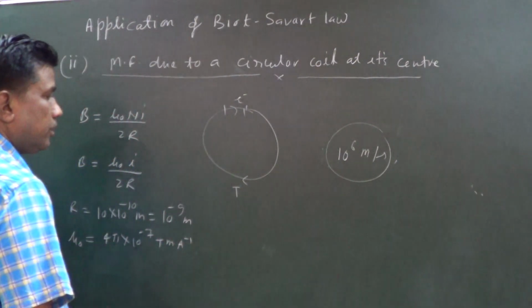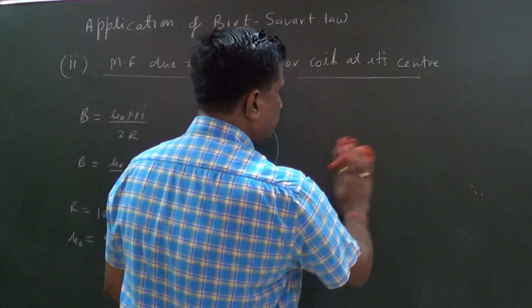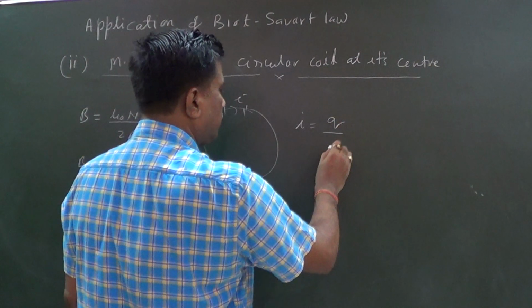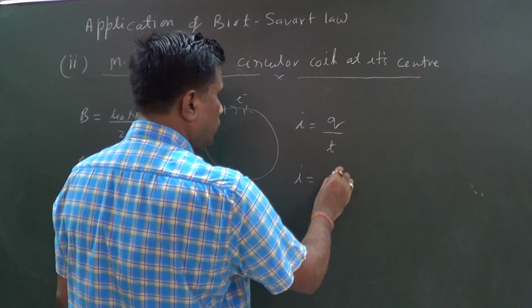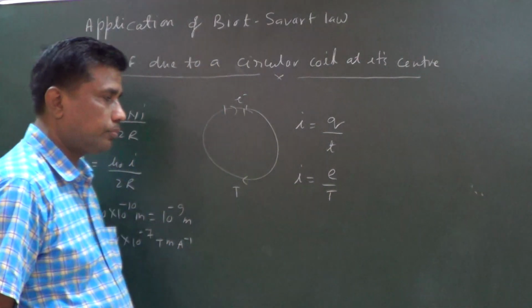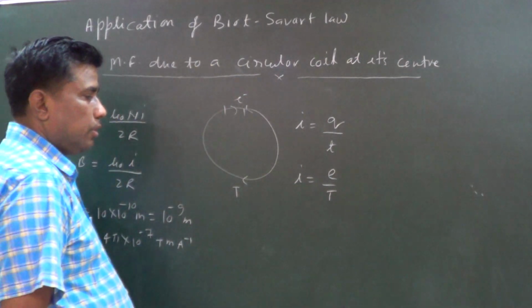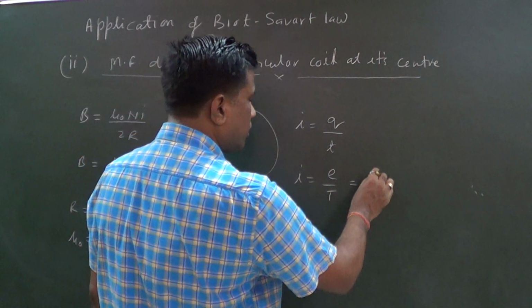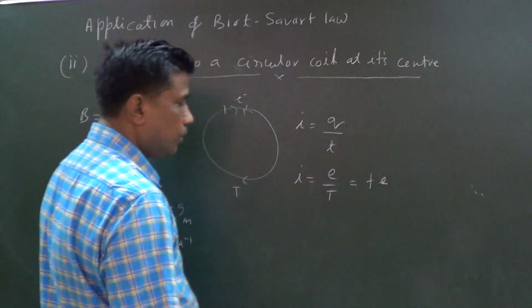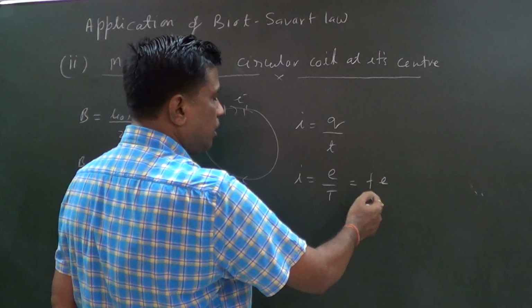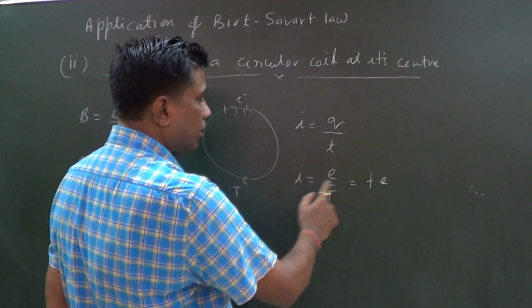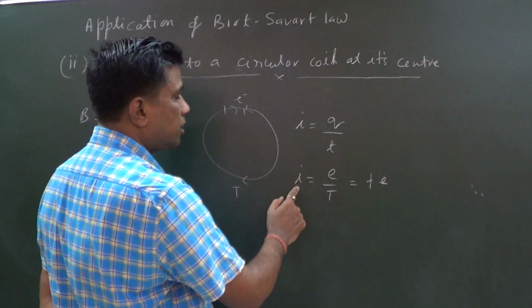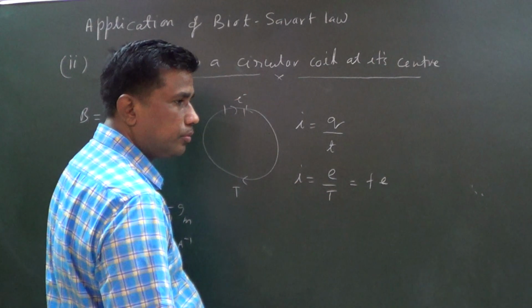So we can say the value of current will be I equal to, by this formula Q by T, e by capital T. And this 1 by T is equal to frequency, so one can say this is f into e. So if frequency is given anywhere, we can calculate current by the formula f e. If the time period is given, we can calculate current by this relation I equal to e by capital T.